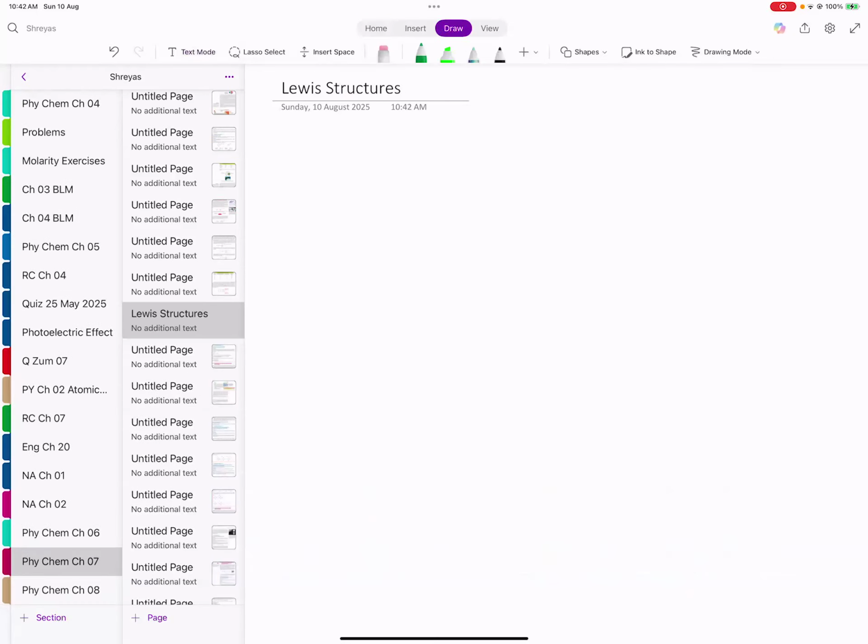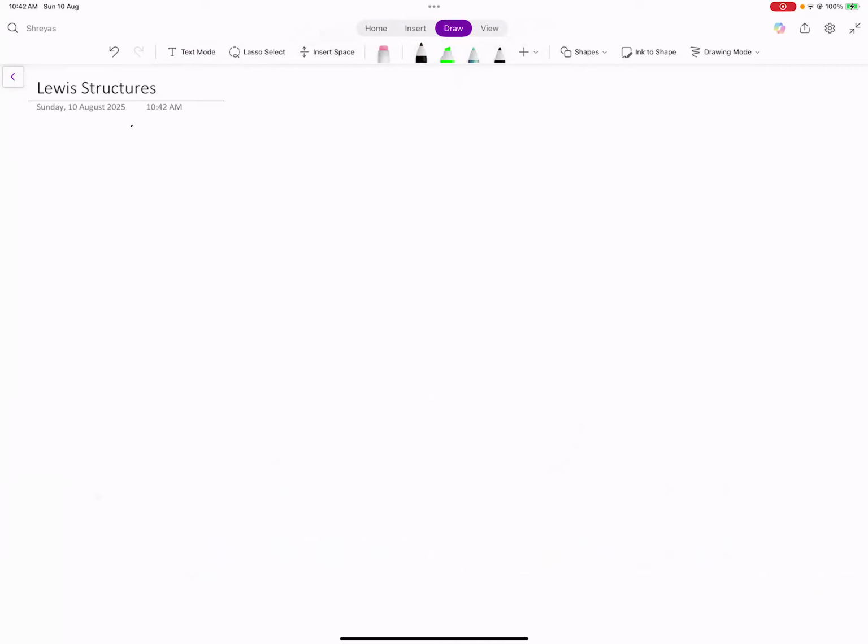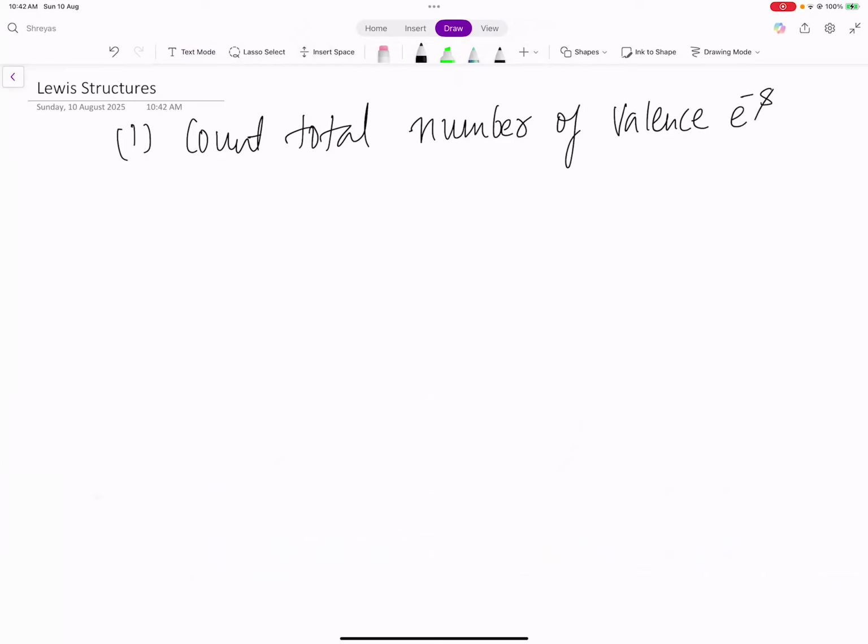See, the first step is to count the total number of valence electrons. Valence electrons will come from the group number, right?